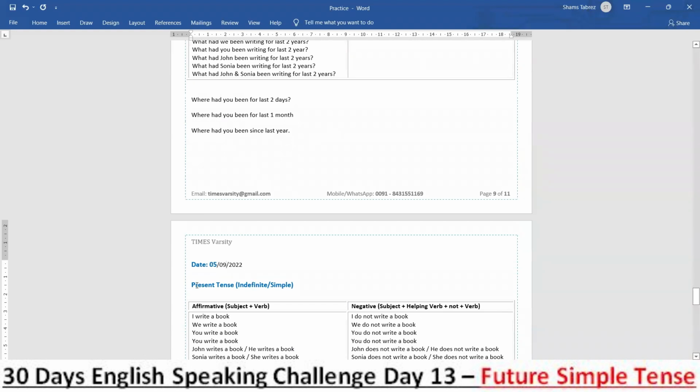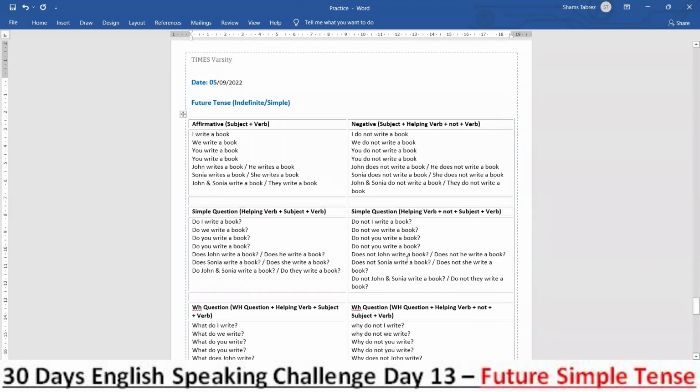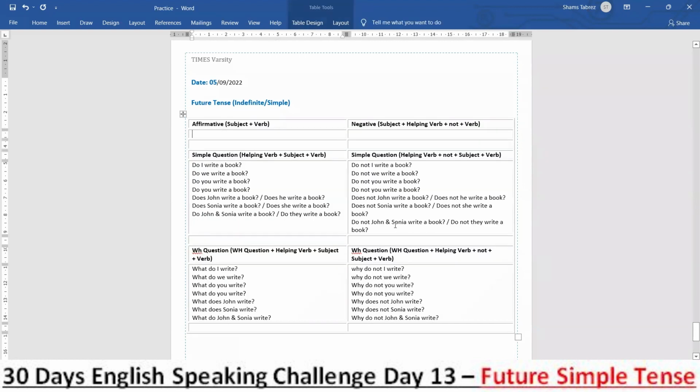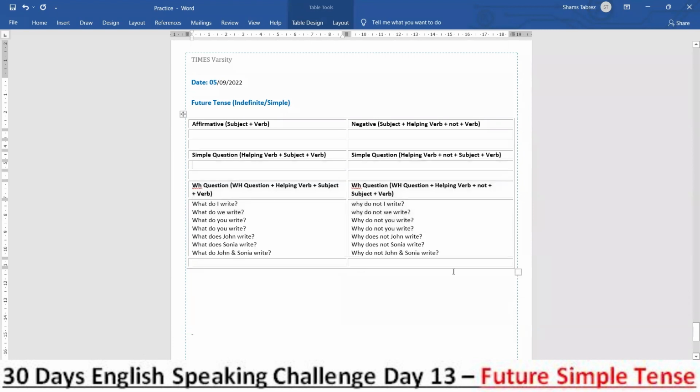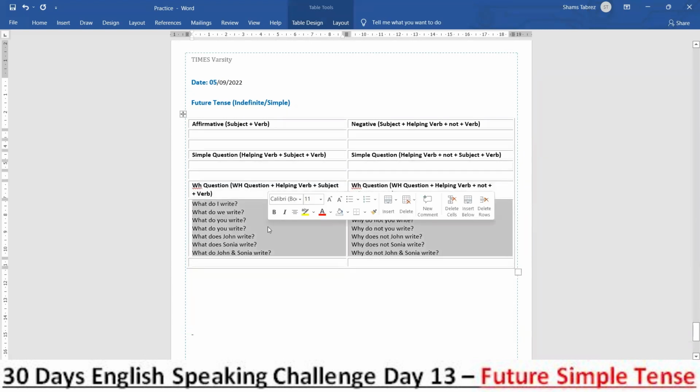And now we are talking about present tense, and in present tense, simple. Oh, sorry, future tense, indefinite or simple. Now please make affirmative sentences using the verb write.